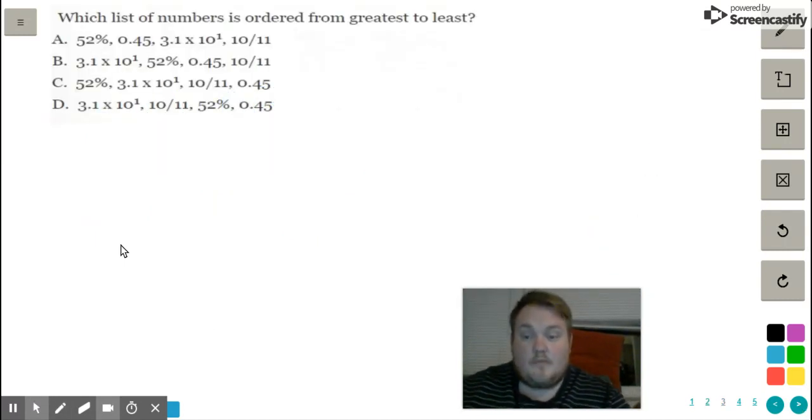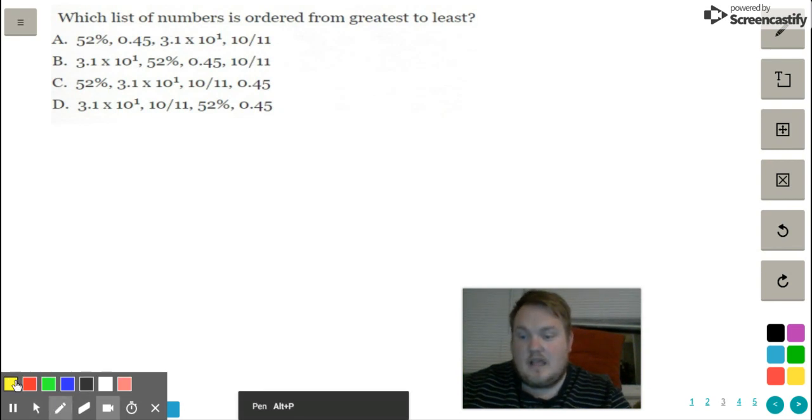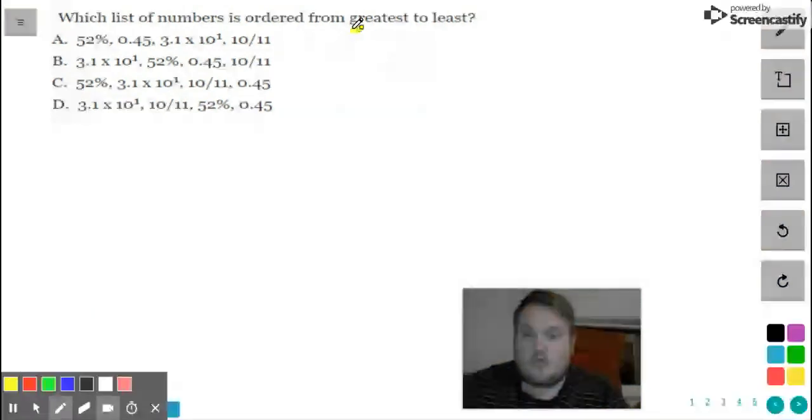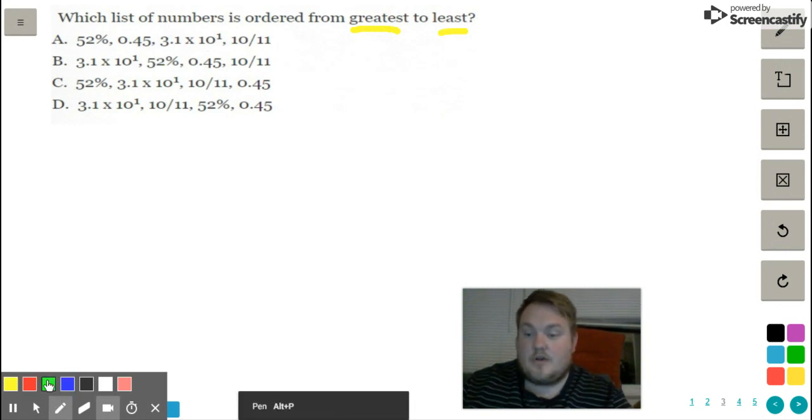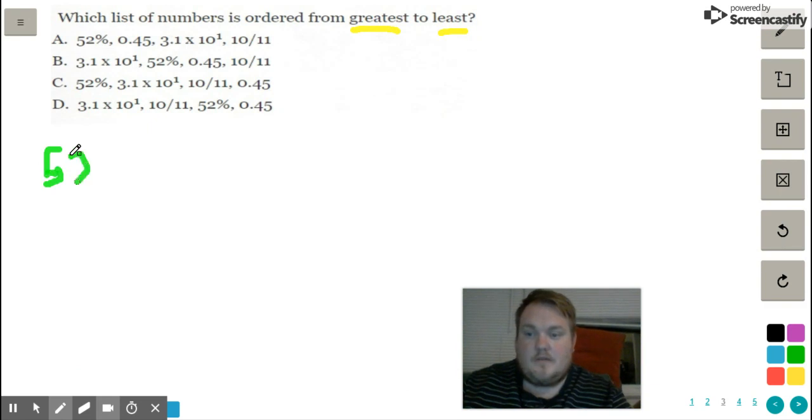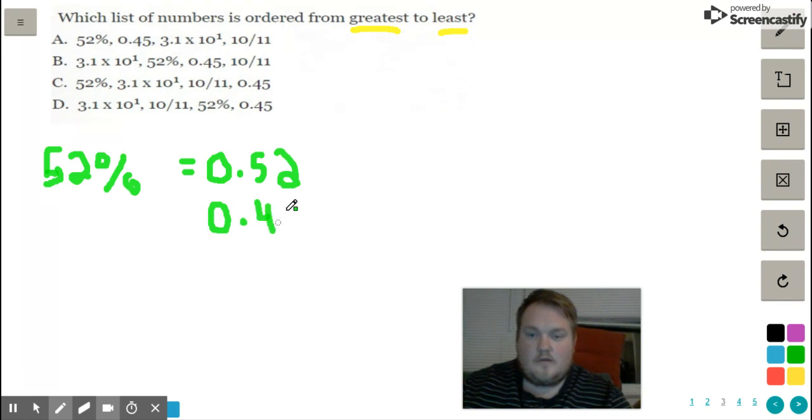This particular problem wants us to order these, and this is really important, greatest to least, okay? So let's go ahead and work those out to begin with. 52%, that's 52 divided by 100, or I move my percent two times, and I get 0.52, okay? 0.45 is already in decimal form, so 0.45.